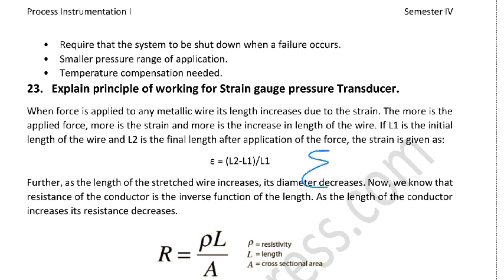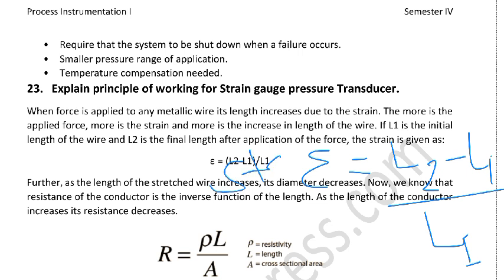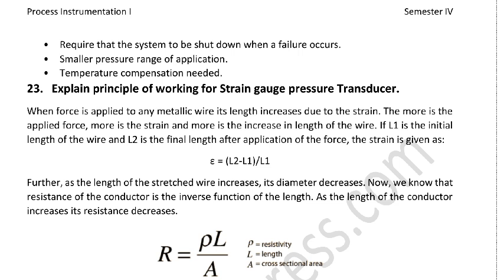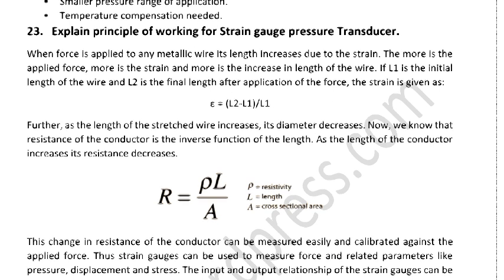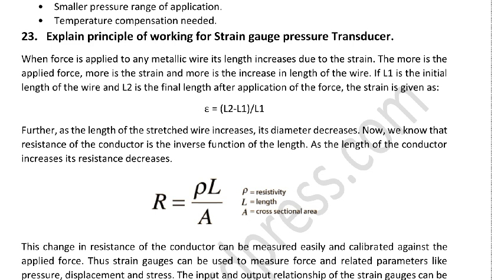The strain can be written as the final length minus the initial length, divided by the initial length. This is called strain. Using this formula we can calculate how strain is generated in any wire after applying force. Further, if the length of a straight wire is increased, its diameter will decrease.